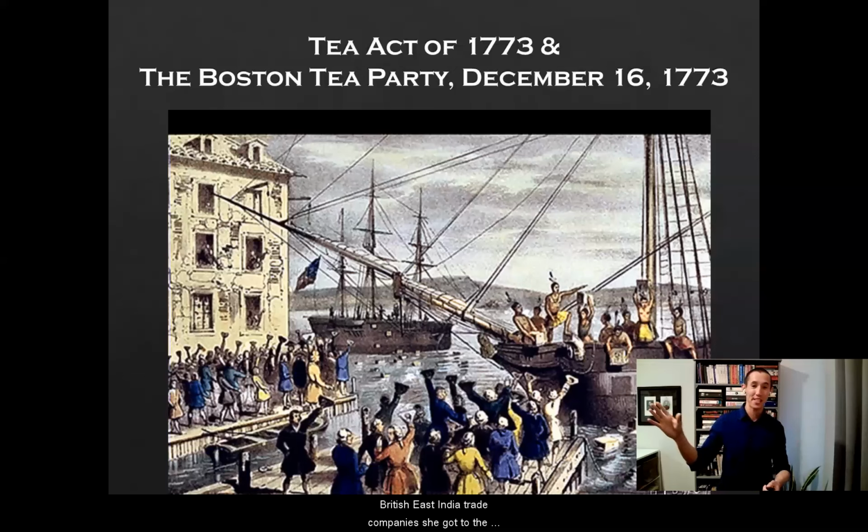So when the British East India Trading Company's tea got to the colonies, they would not let it unload off the boats. So all throughout the colonies, the tea just sat there, especially in Boston. So there's these boats full of tea, and I can't stress this enough, that stuff was insanely expensive.